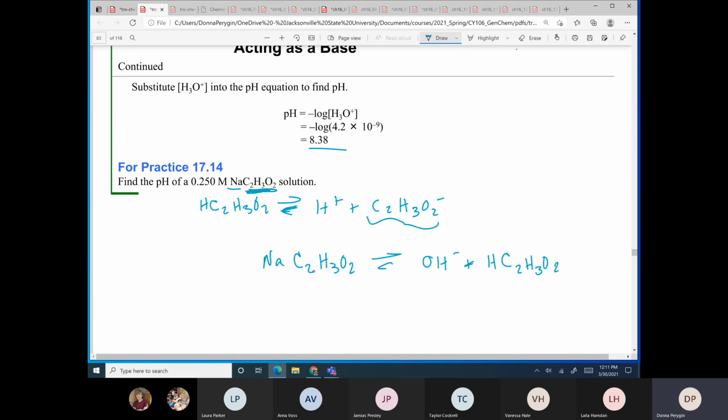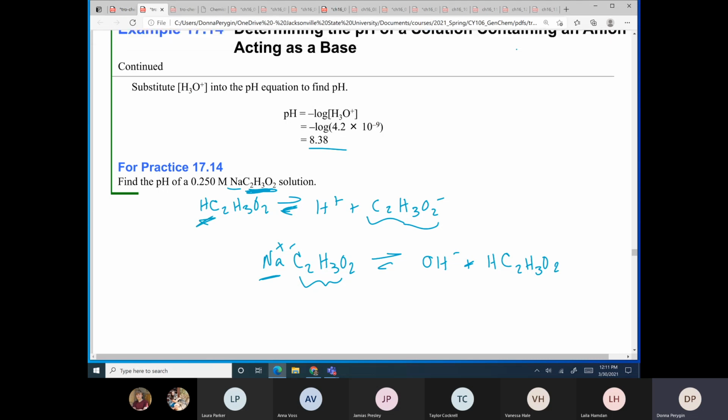So what they're saying is if I put just the anion in solution in the form of its salt, I don't have any of the H plus here. I'm not increasing the H plus concentration. What I'm going to do then is when this reacts with water, it's going to act as a base and pull a hydrogen off of water, giving me OH minus plus the acid, because this is an equilibrium problem, because this is a reversible reaction.